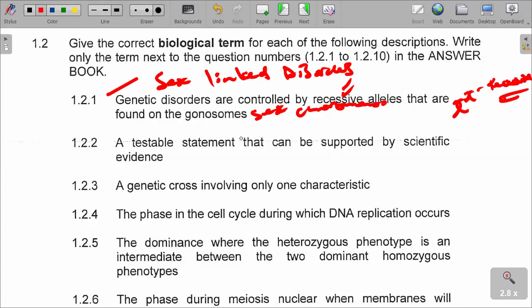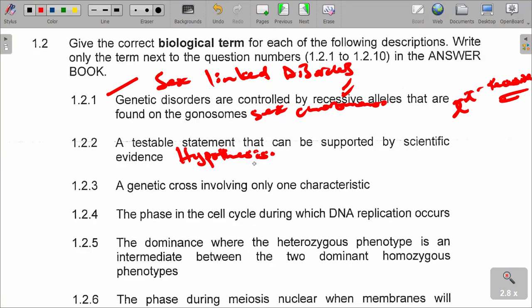A testable statement that can be supported by scientific evidence, we call that a hypothesis. It's a statement that can be supported by scientific evidence. So when a research is being done, we have an educated guess that is given, which is set up in order to guide and drive the research.